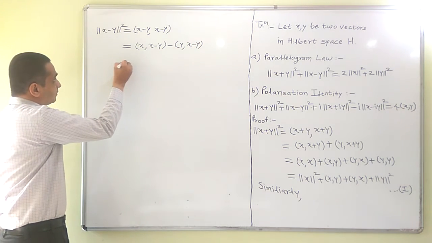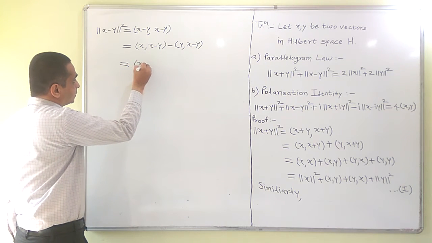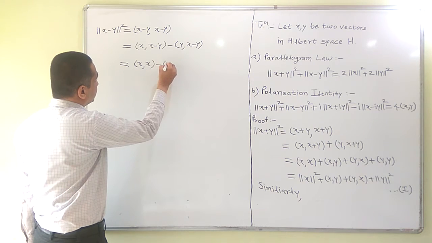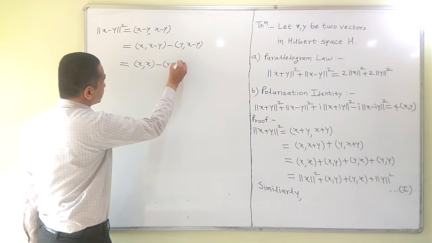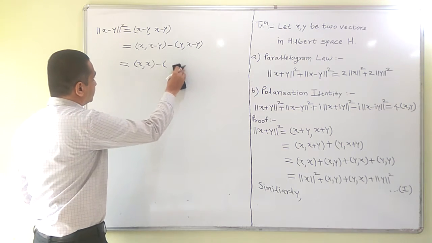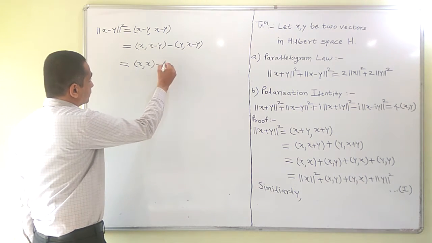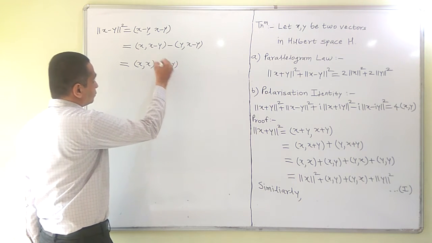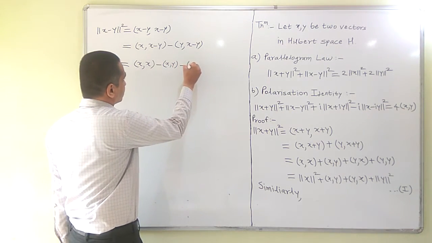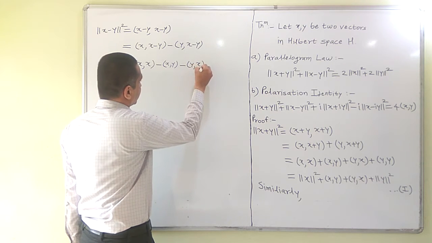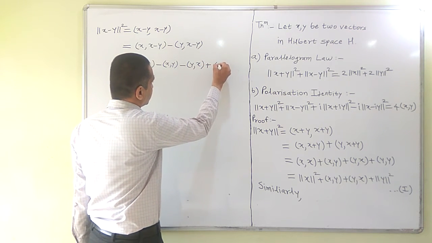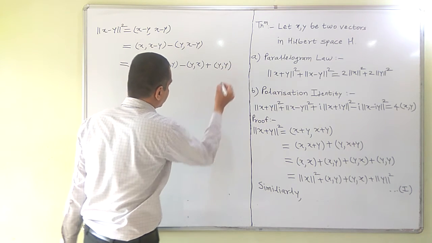The further simplification is it equals inner product of x and x minus inner product of x and y, conjugate of 1 is again 1, minus inner product of y and x, and minus minus becomes plus, so plus inner product of y and y.